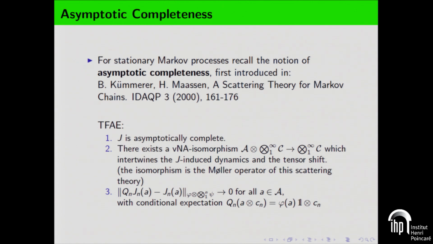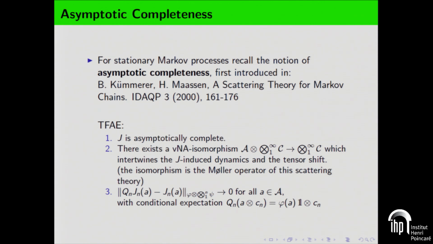So you should think of the tensor shift on the right as a kind of pure dynamics, and the J is then some kind of perturbation. And if this is conjugate to each other, you have a kind of asymptotic completeness. So this isomorphism is the Møller operator in this scattering theory.